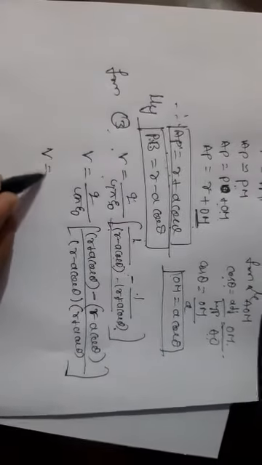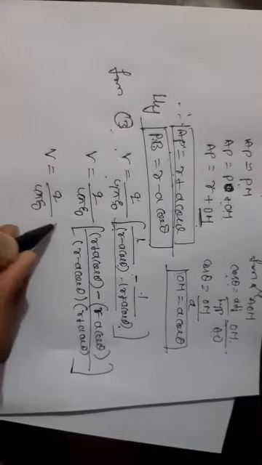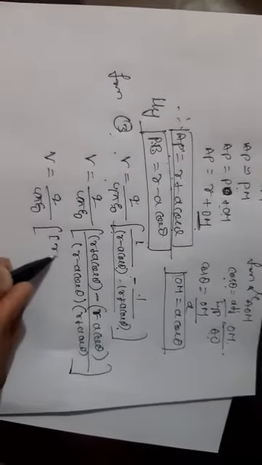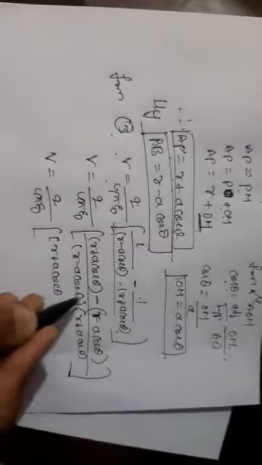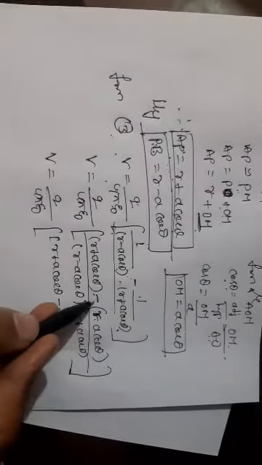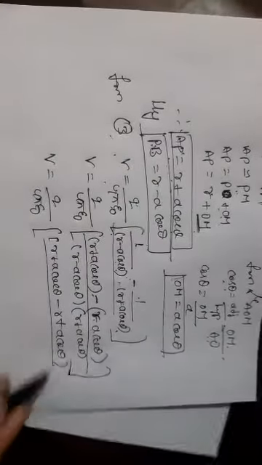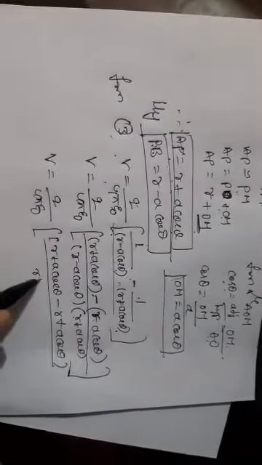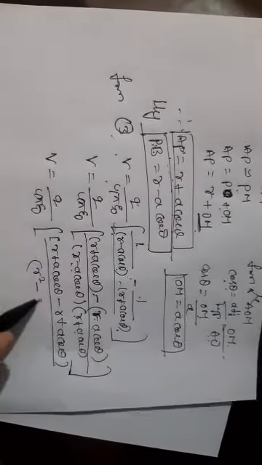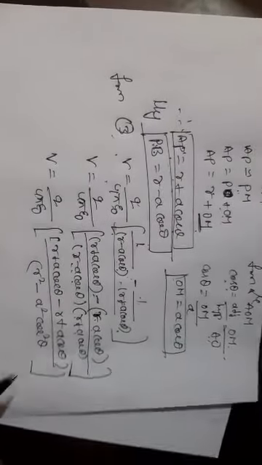Therefore the electric potential V is equal to q by 4 pi epsilon naught. Simplify this equation, that is, r plus a cos theta minus, into plus is minus, r minus, into minus is plus, into a cos theta, divided by r into r, that is r square, minus into plus is minus, a into a is a square, cos theta into cos theta is cos square theta.